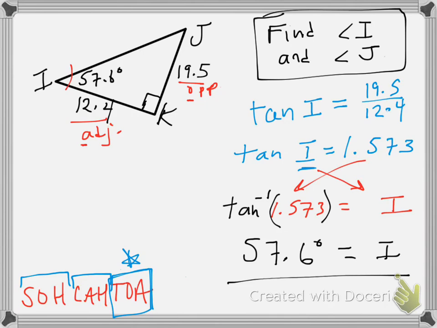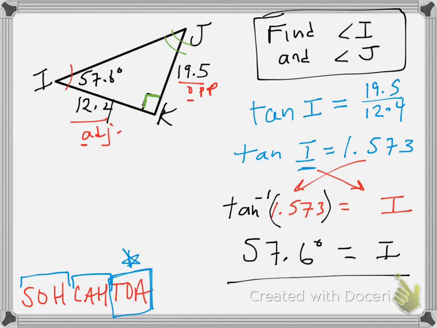Now you can do the same process again to find angle J, but, you know, life is short. We're always trying to find good ways to speed things along. Angle J, well, come on, all triangles make 180, right? And 90 of those degrees are already at angle K, so you only have 90 degrees left over, which suggests that I and J are complementary angles, right?